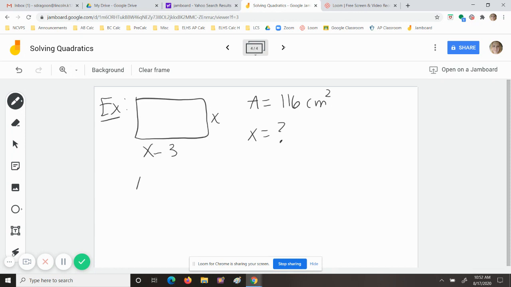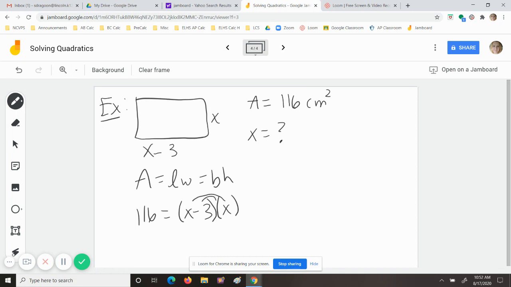So think about area of a rectangle is either however you want to think of it, length times width or base times height, however you want to think of it. So area is 116, and then our length is x minus 3, and our width is x, or base and height, however, again. So let's try to solve this out.